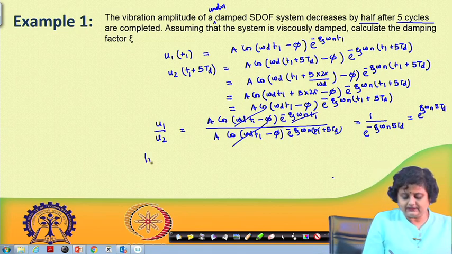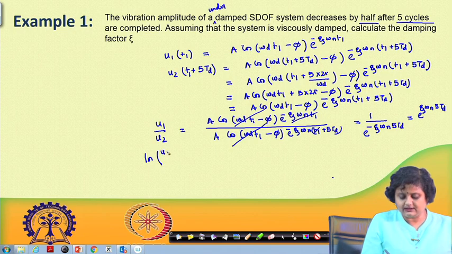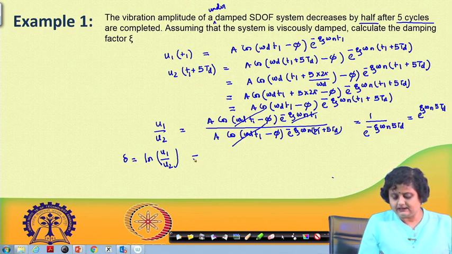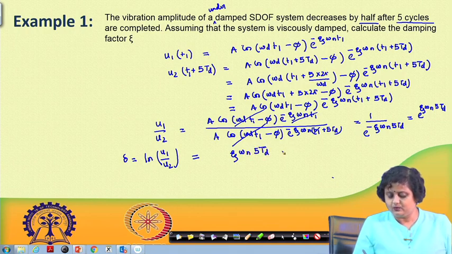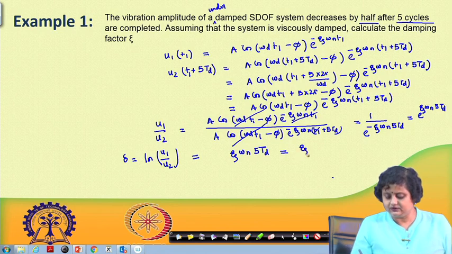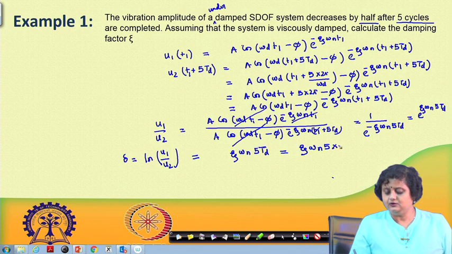Now, if I take the natural log on both sides, I have ln of u1 by u2, which is my logarithmic decrement, and that is equal to zeta into omega n into 5 Td, which can be written as zeta into omega n into 5 into 2 pi by omega d.